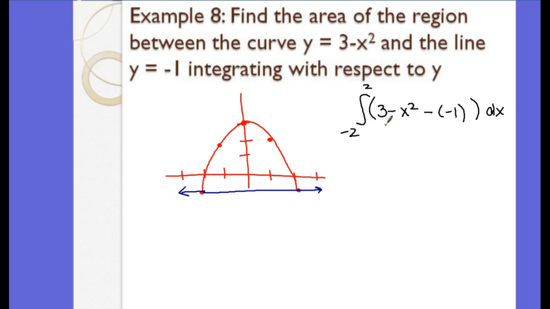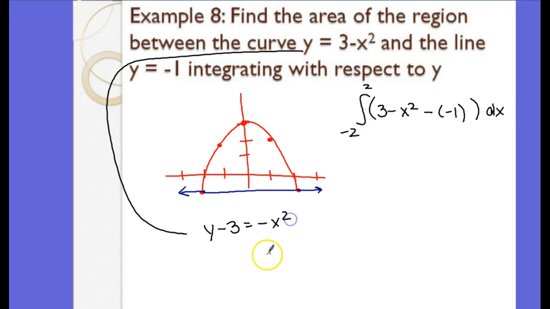And then if you did it in terms of y's, your y's are right minus left. So what's the right function versus the left function? Remember, we have to rearrange this equation. So it would be y minus 3 equals negative x squared.